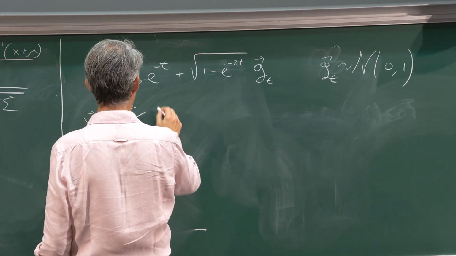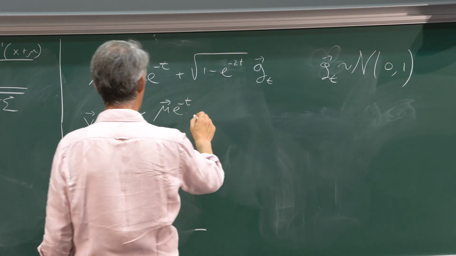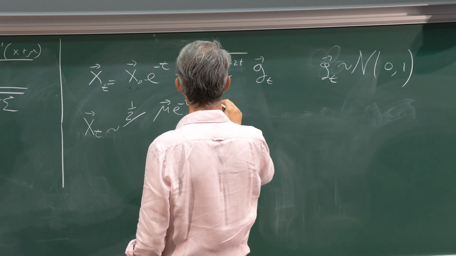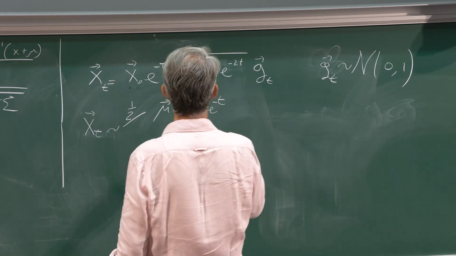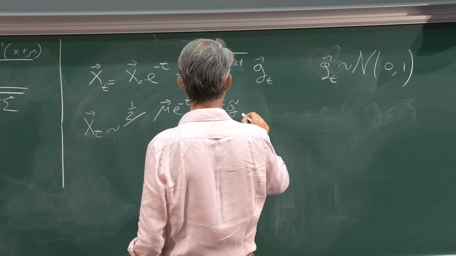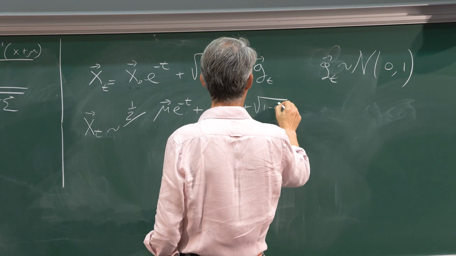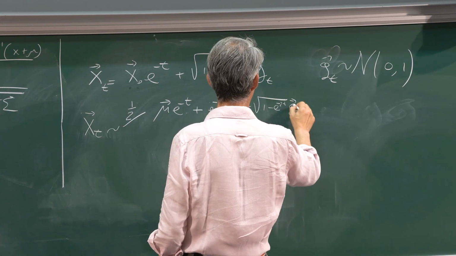What do I get? I get something centered at mu exponential minus t, plus exponential minus t times a Gaussian variable, let's call it g tilde, plus square root of 1 minus exponential minus 2t with this Gaussian variable g of t.